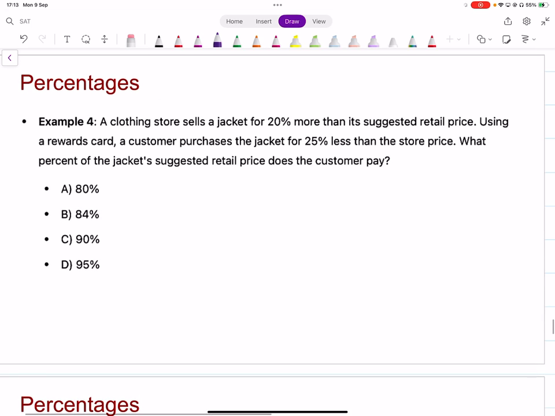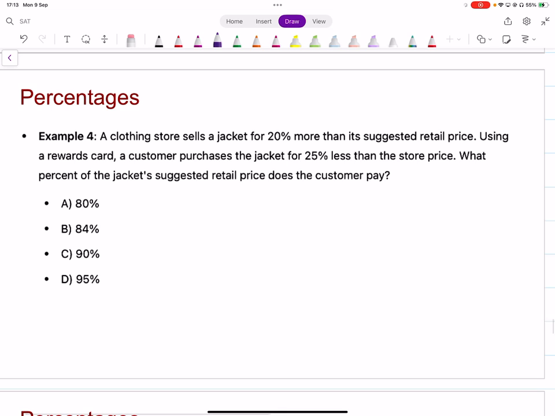All right, let's have a look at this. A clothing store sells a jacket for 20% more than its suggested retail price. Using a reward card, a customer purchases the jacket for 25% less than the store price. What percent of the jacket's suggested retail price does the customer pay?